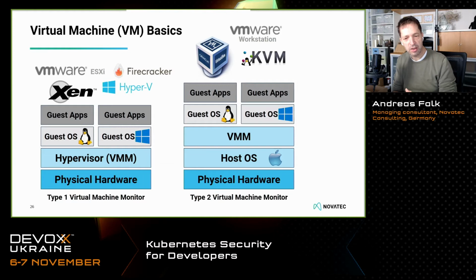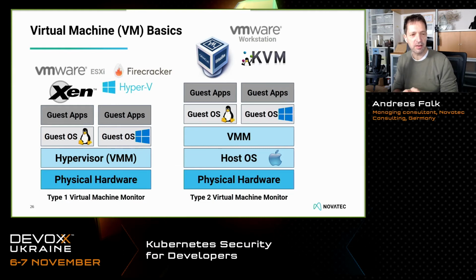You have what is called a virtual machine with a hypervisor, and you have a virtual machine that has no hypervisor but has some virtual machine monitor sitting above a host operating system.